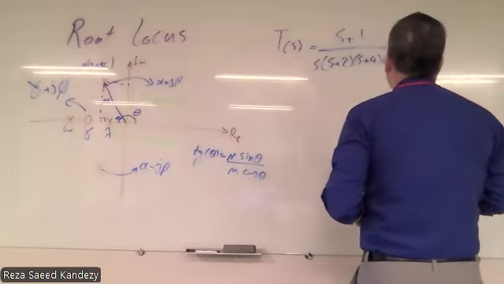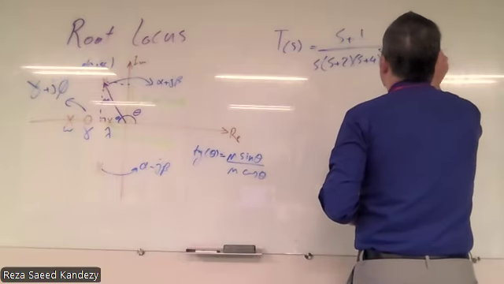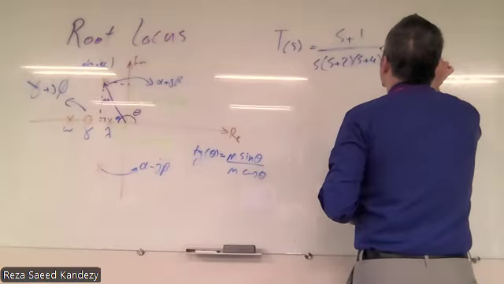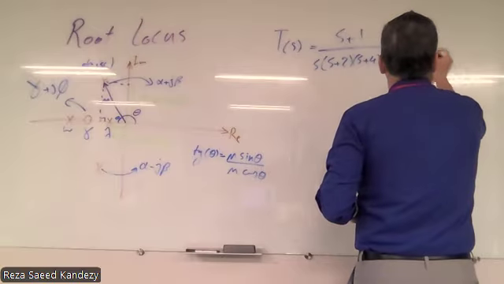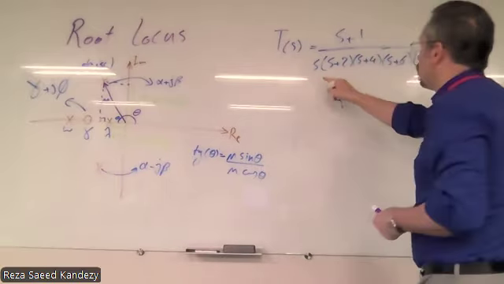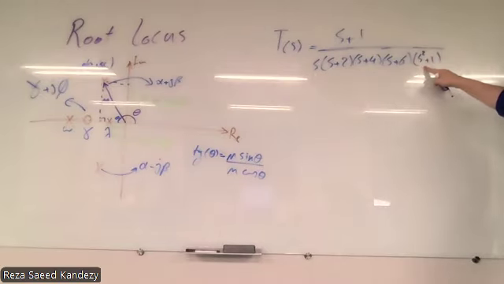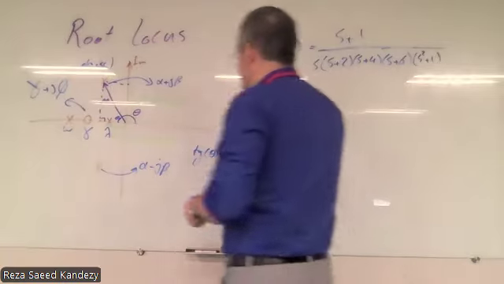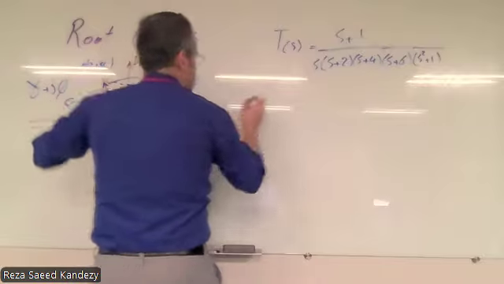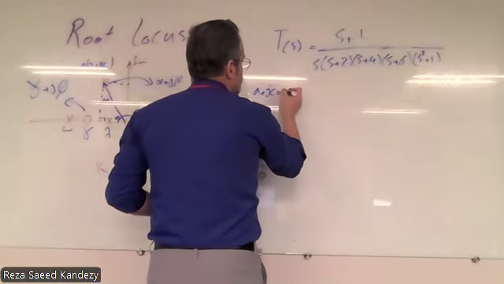So it is now 1, 2, 3, 4, 5, 6, a sixth order system.